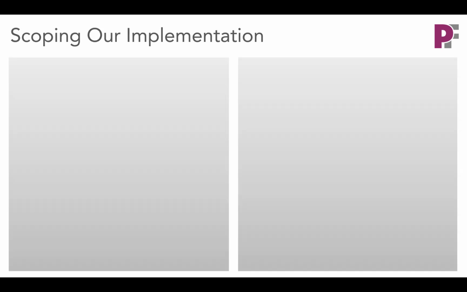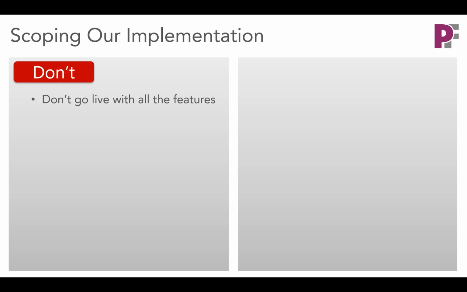So now we are ready to implement our solution, and we need to think about the scope of it. Now, don't switch on this tool and go live with all the features that it offers. Clearly, that's an obvious one. But also, don't use the tool as a reason to implement brand new processes.